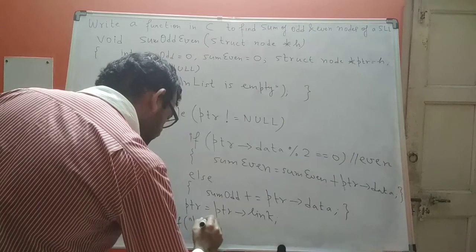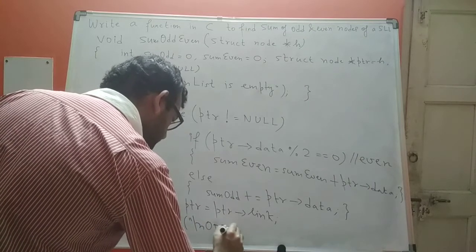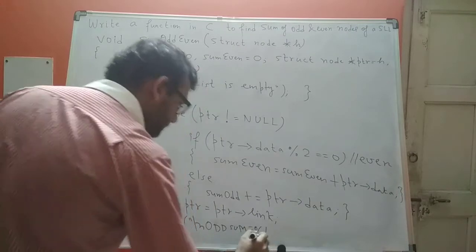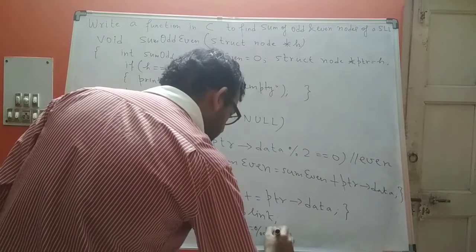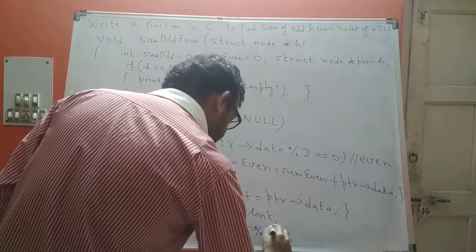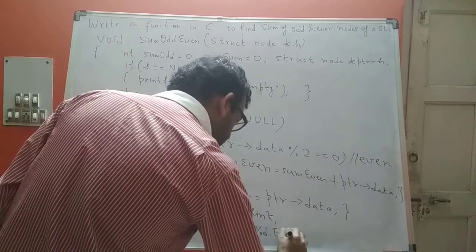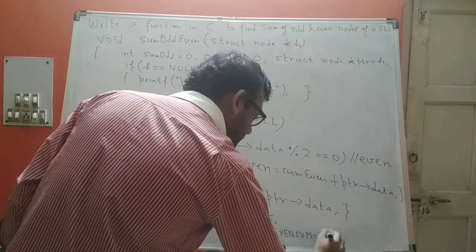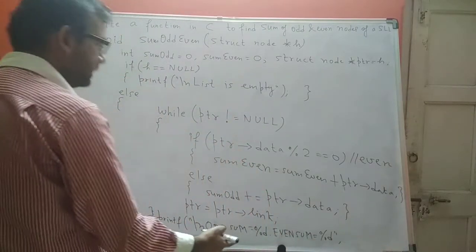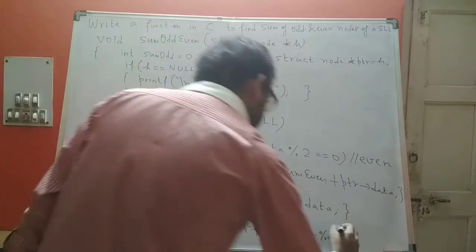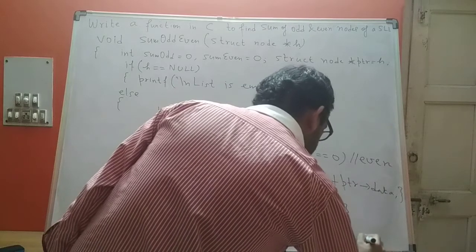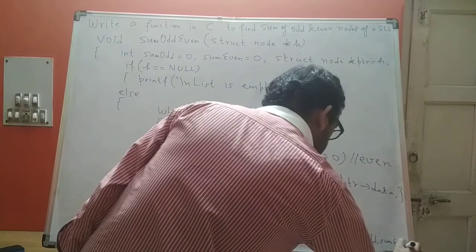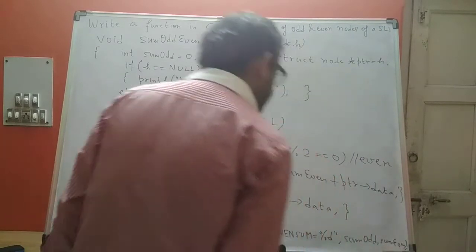I'll say odd sum is equal to %d, and I'll give a full stop and I'll say even sum is equal to %d, and in place of the first %d, I'll substitute the variable sum odd, and in place of the second %d, I'll substitute the variable sum even.